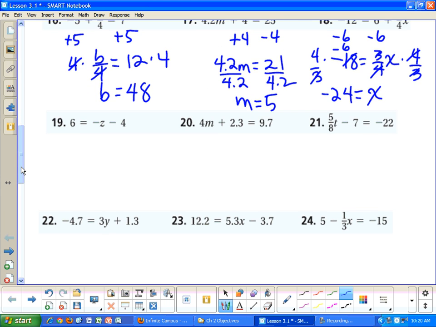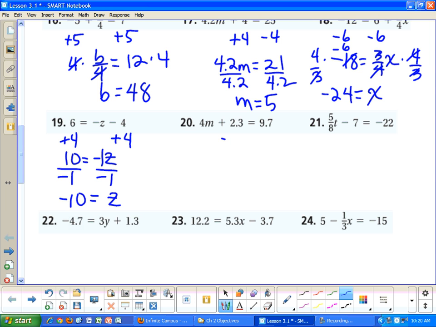Number 19. I think we'll add 4 to both sides. And then we get 10 is equal to the opposite of z. The opposite of z is the same as negative 1 times z, so I can divide both sides by negative 1, and I get negative 10 is equal to z.